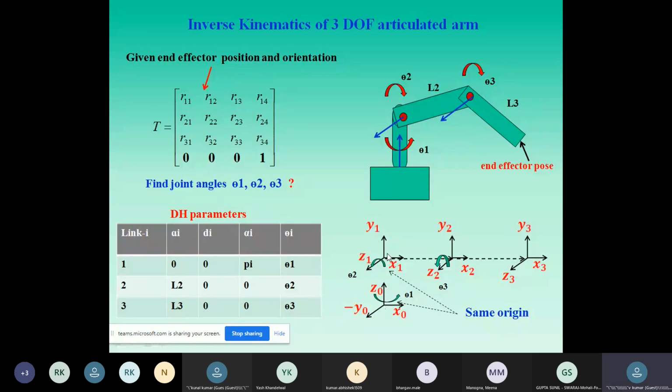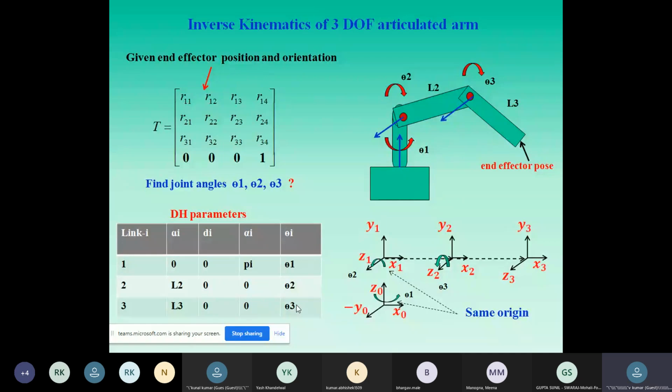Z0 and X1 are in the same position, and the only variable is theta 2, other parts are 0. For link 3, L3 is the link length, other parts are 0, and the variable is only theta 3. So we find the DH parameters.